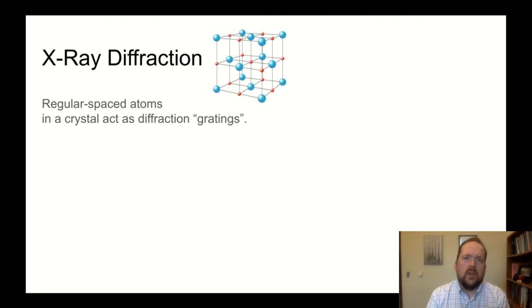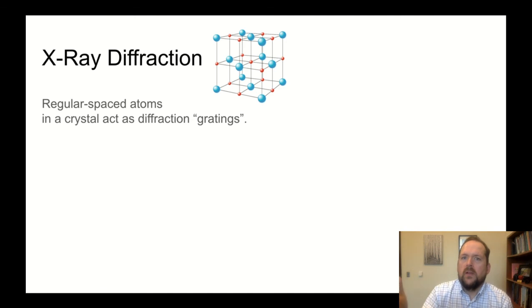And one of the ways that scientists do that is through X-ray diffraction. So these regularly spaced atoms actually act as diffraction gratings, because if you shoot X-rays at a crystal, when they hit an atom and bounce off, that's the same geometry as light passing through a whole series of openings in a diffraction grating.